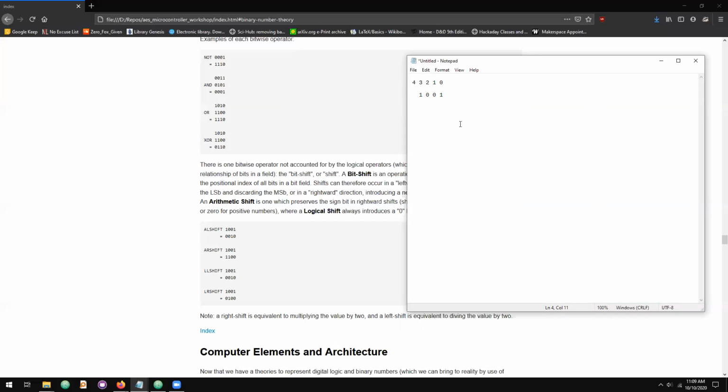In signed integers, it's a different beast entirely. If we wanted to do a rightward shift, we could end up with one of two results. We could end up with a 0 here, or we could end up with a 1 there. And which you do is actually up to the operator.